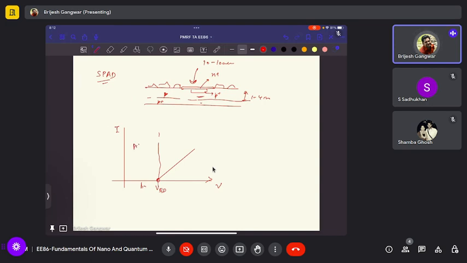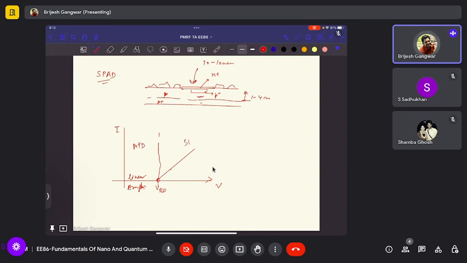This region is for APD, in which linear amplification works.